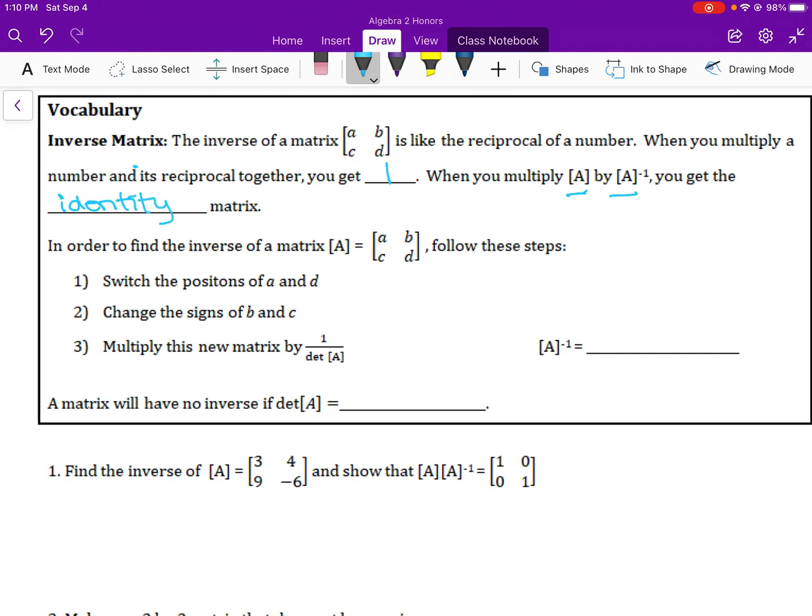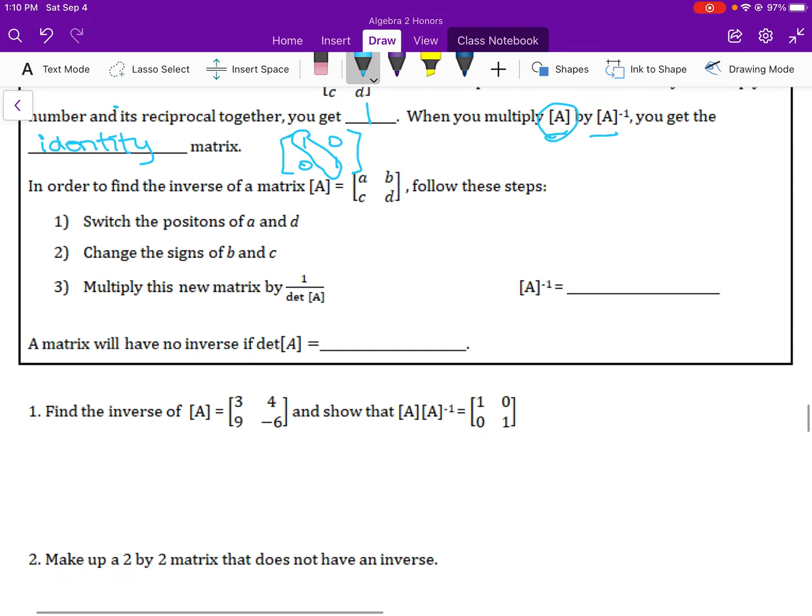In our previous lesson, remember, we likened the identity matrix to the matrix equivalent of a 1, where we have 1s on the diagonal and 0s everywhere else. So when I multiply a matrix by its inverse, we get the identity matrix. It's kind of like multiplying a number by its reciprocal to get 1.